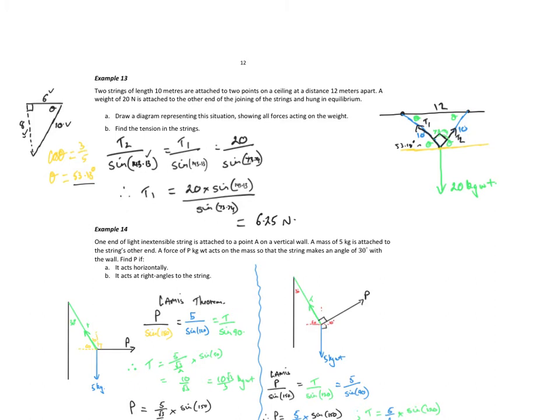As we'd expect, since these strings are the same length, the tensions in the strings are going to be the same. So T1 is the same as T2. And we just use one of those, rearrange that, 20 times sine 143.13 over sine of 73.74 will give me a tension of 6.25.